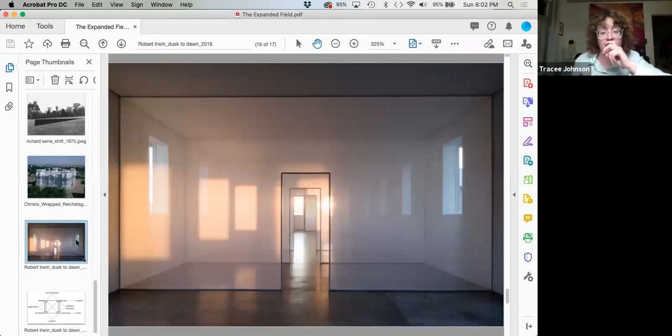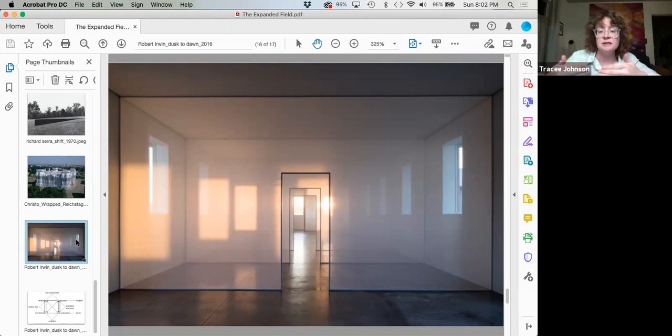And then the last example of an axiomatic structure here is by Robert Irwin. He's actually one of my favorite artists. This piece is called Dusk to Dawn. And Robert Irwin has done a whole lot of work, but some of his work deals with these clear screens and scrims. A lot of his work is about capturing light and understanding movement.